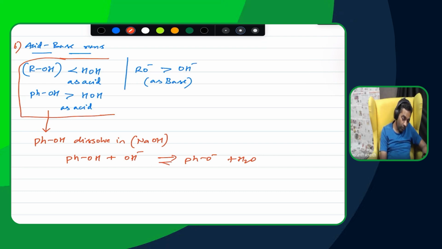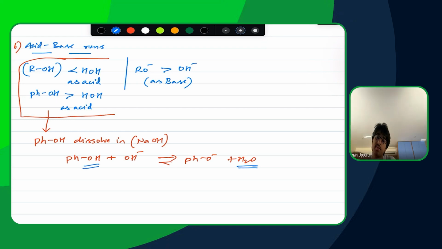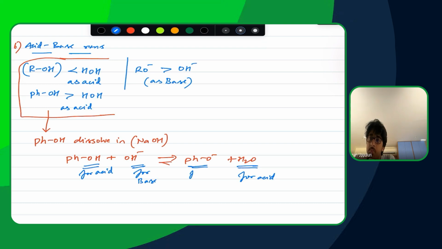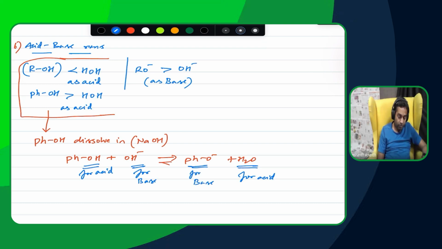That means I'm going to be having PhOH here compared with water for which acid is stronger, and OH minus and PhO minus compared with each other as bases. Whichever side has the stronger one will push the reaction in that direction. Which side acid is stronger?